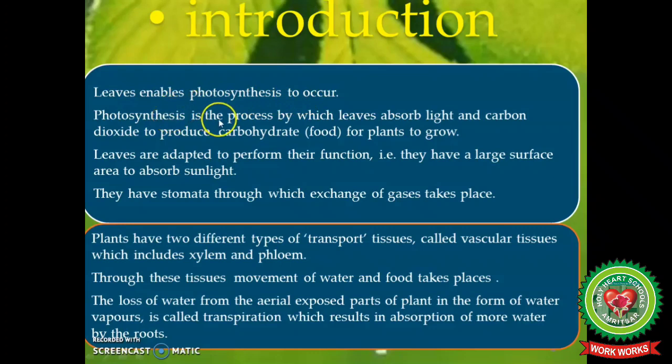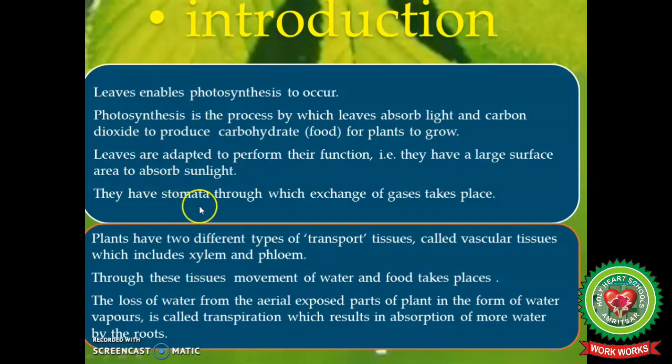Photosynthesis is the process by which leaves absorb light and carbon dioxide to produce carbohydrate for plants to grow. Leaves are adapted to perform their function, that is, they have a large surface area to absorb sunlight.